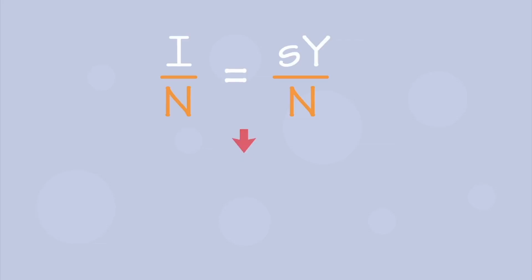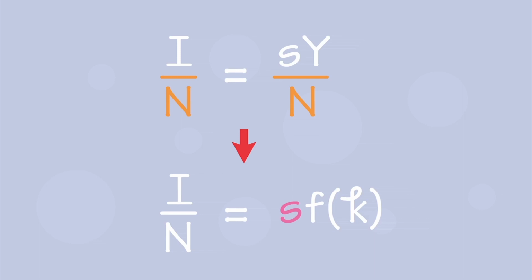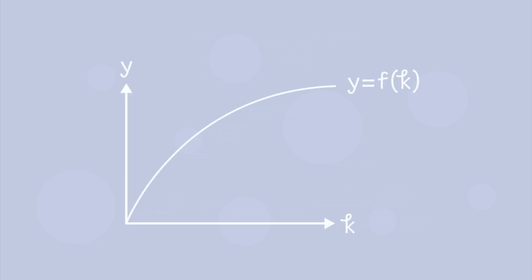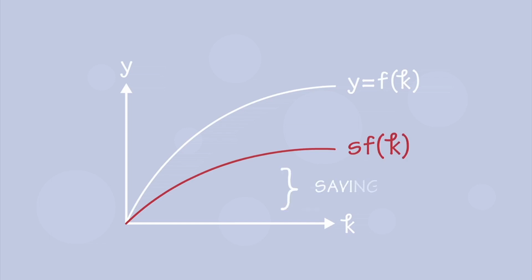Again, if we divide the investment by N, the equation turns into the investment per worker, which equals the saving rate multiplied by the output per worker. Also, the investment per worker equals the saving rate multiplied by the function of k. So when we draw the investment curve together with the production curve, the investment will be lower than the production because we save some part of income for investment and spend the rest of income on consumption.